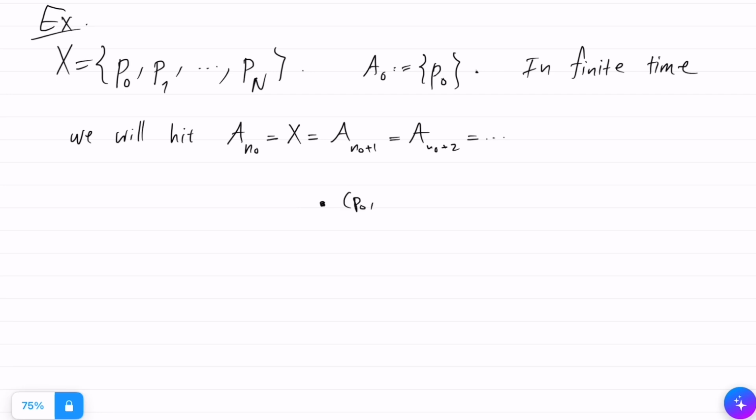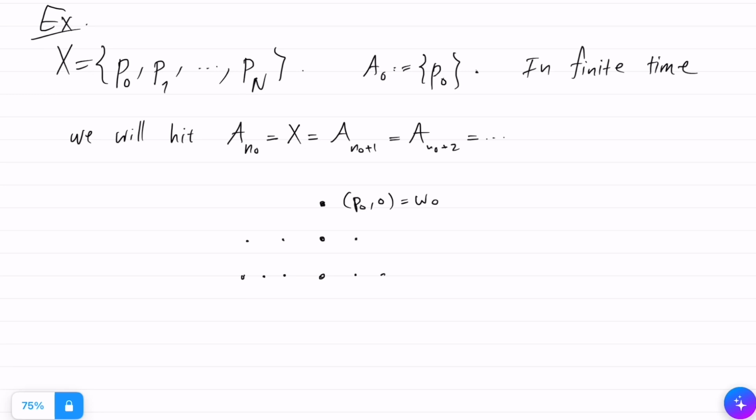So P0 at level 0, the root, is here. Our next level, again, could be just one point, or it could be multiple of them, or it could be all of them already. So my picture isn't representative. So four points here is just some points. And then you may add new points at some point.